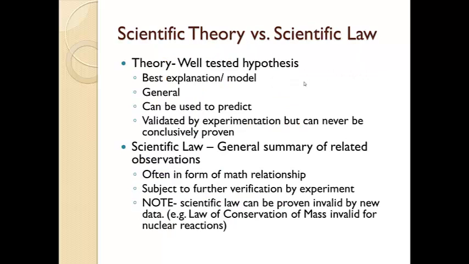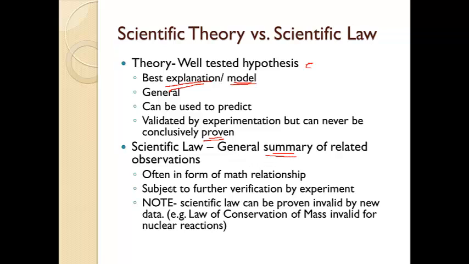A theory is a well-tested hypothesis that explains what's happening. It's a model. It can be general and you can use it to predict. It can be validated by experimentation, but it can never be conclusively proven. So you see it happening over and over and over again, and you think it's Y, but it's not going to be 100%. Whereas a scientific law is a summary of observations.